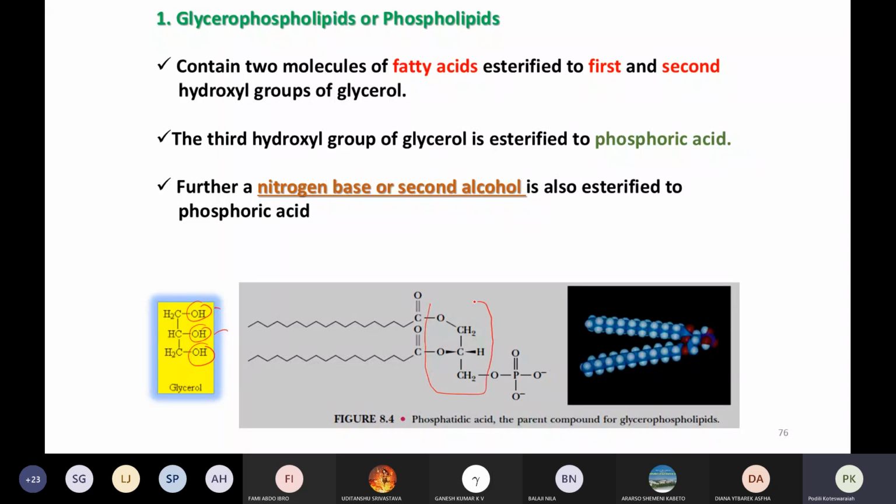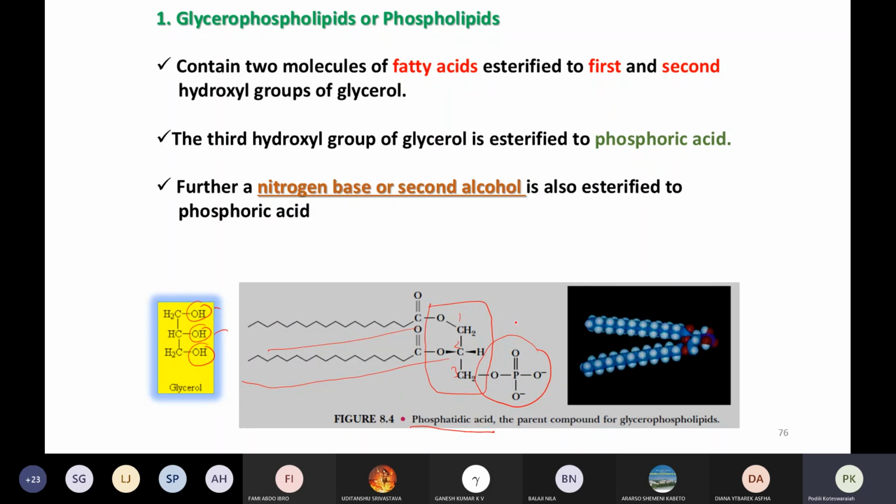You can also notice here this is the glycerol with first carbon, second carbon, third carbon. The first hydroxyl group is esterified with one fatty acid, the second hydroxyl group is esterified with another fatty acid, and the third hydroxyl group is esterified with phosphoric acid. So this structure is known as phosphatidic acid or phosphatidate.